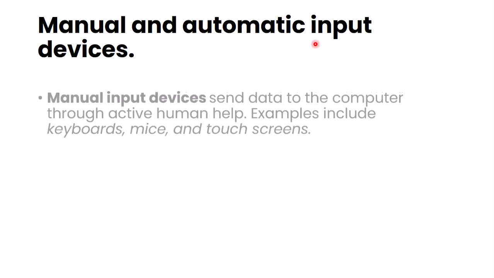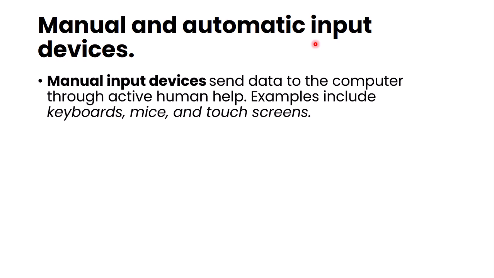I'm sure when you hear manual, you know what it means, and when you hear automatic, you know what it means. You have a fair idea about what manual input device and automatic input device mean. So let's take the first one, manual input device. What is a manual input device?